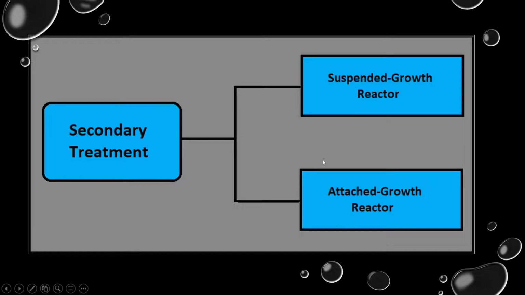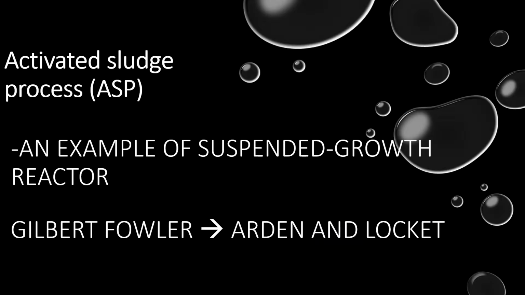Okay? Ang ASP kasi is the widely used na kung saan ang ginagawa dito ay nag-i-aerate ng wastewater or nag-i-introduce ng oxygen para tumulong sa paglaki ng mga microorganisms na nasa wastewater.